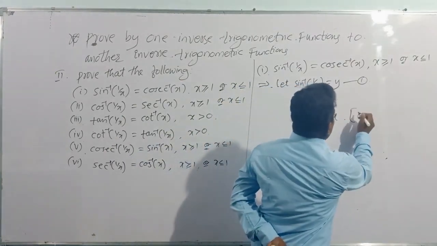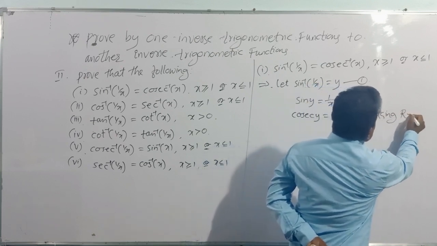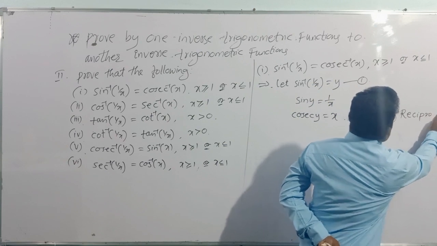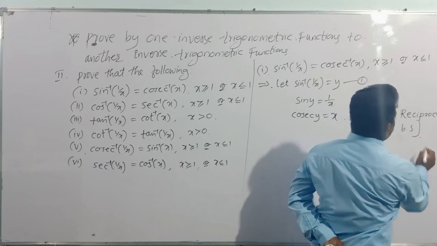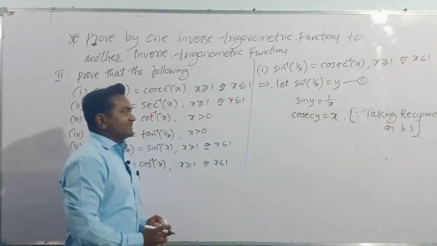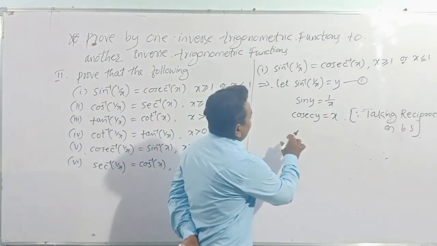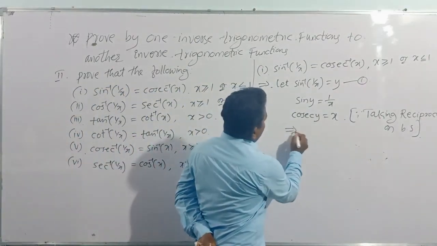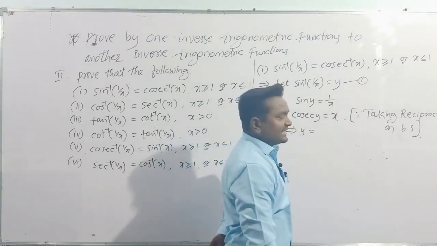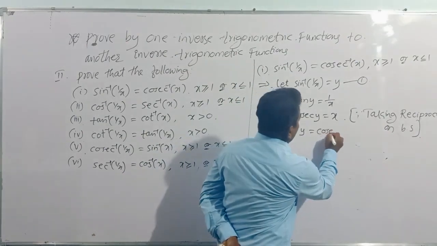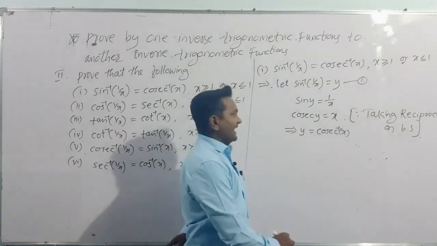Here we are taking reciprocals on both sides. Now this implies y stays as it is, and this cosec function moves to the right hand side and becomes cosec inverse x.